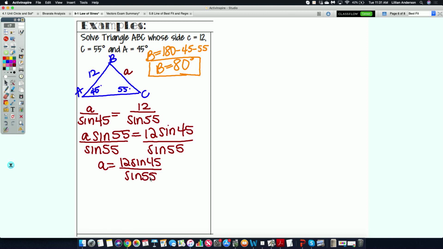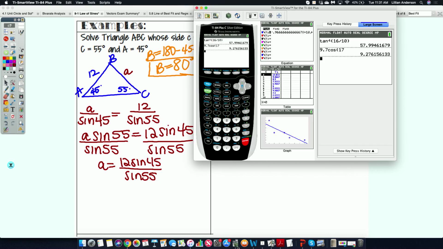This will be done with your calculator unless one of these angles was on your unit circle. Let's not forget our unit circle, just in case. What mode should I be in? Degrees, and I know this because they gave me my angles in degrees, so I type in 12 sine 45 divided by sine 55.